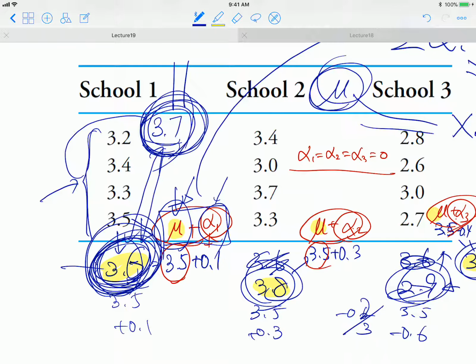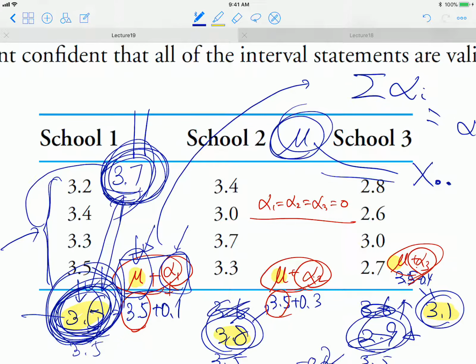And then what was the representation of it? It was x1 dot, right? And then how can we obtain the estimator for alpha 1? We can just simply use this value minus x dot dot, right? The difference of this sample mean of the first group from the global mean.